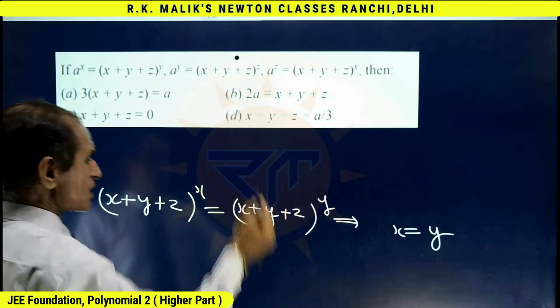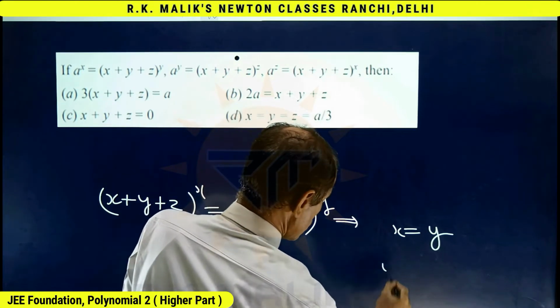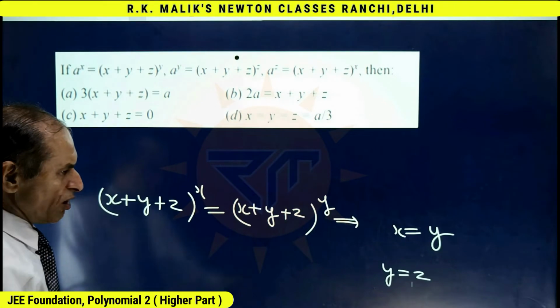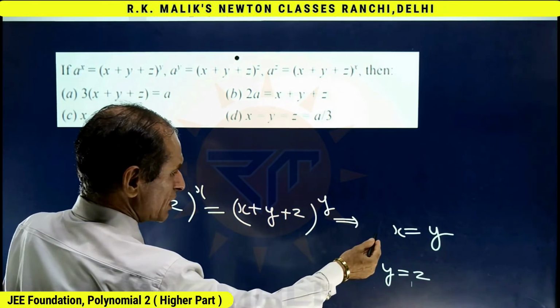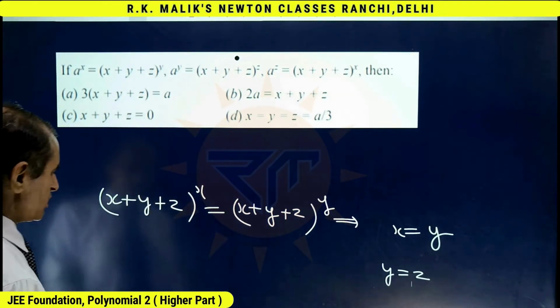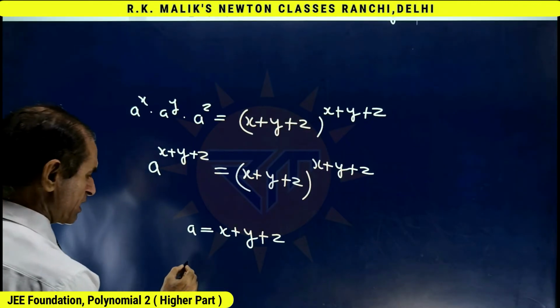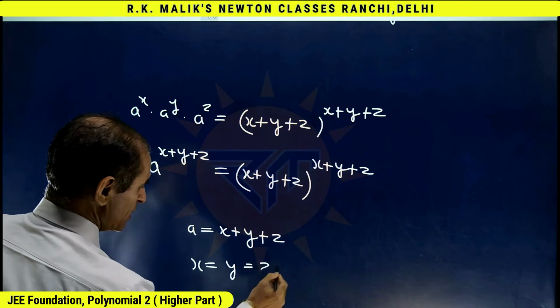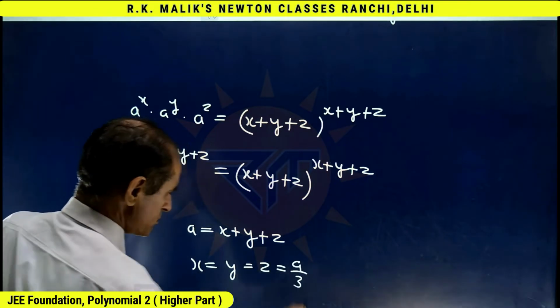Similarly, from here I will get the conclusion that y equal to z. Hence, after we have got the conclusion that x is equal to y equal to z, from here I will get x equal to y equal to z equal to a by 3.